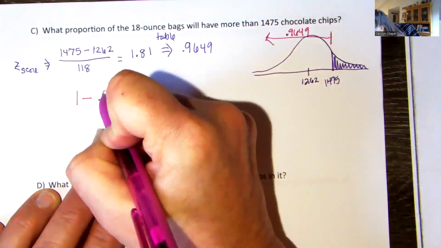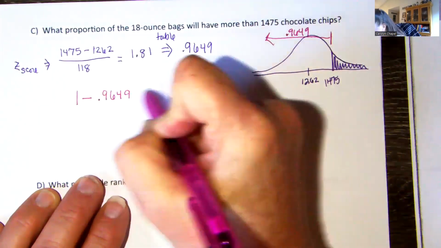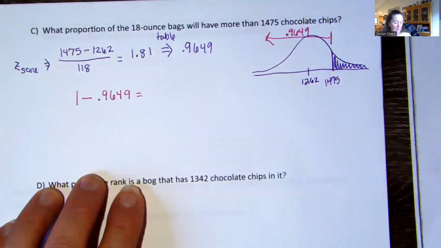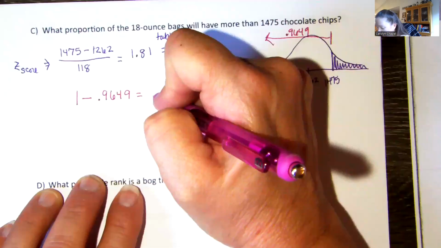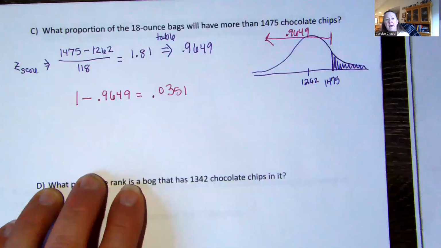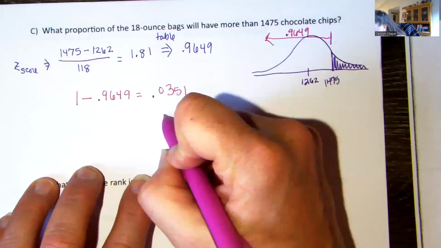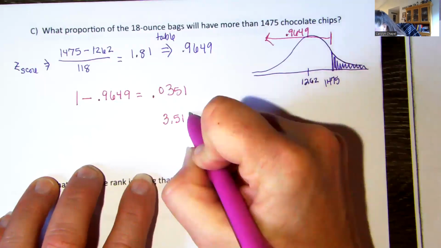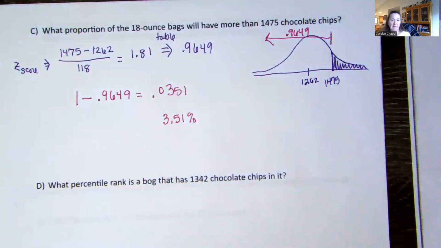This is a probability distribution. So we would subtract that from 1 and get 0.0351, or as a proportion, roughly 3.51% of all the bags would have more than that number of chips. So this would be unusual for us to have more than 1475.